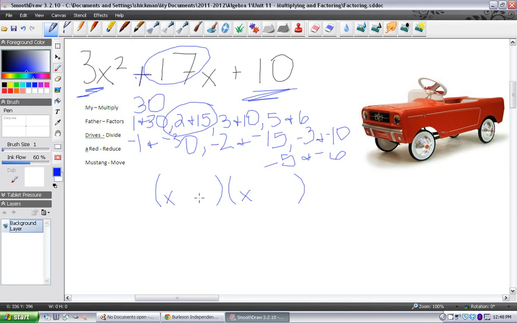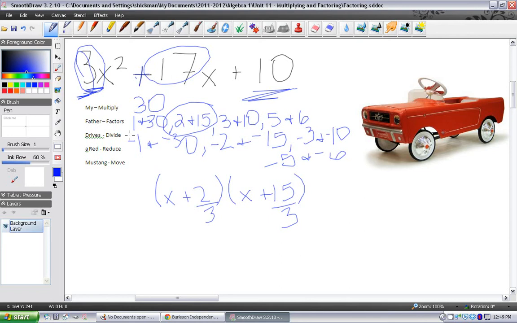They are both positive, so we are going to put plus 2 and plus 15. Now comes the divide part. We are going to divide by this first coefficient here, the coefficient of the x squared. So you take the 2 and divide by 3, and you take the 15 and you divide by 3.